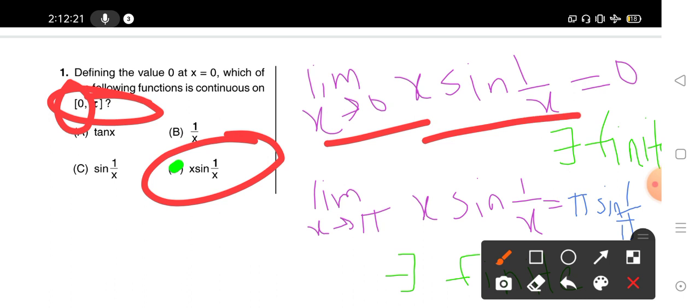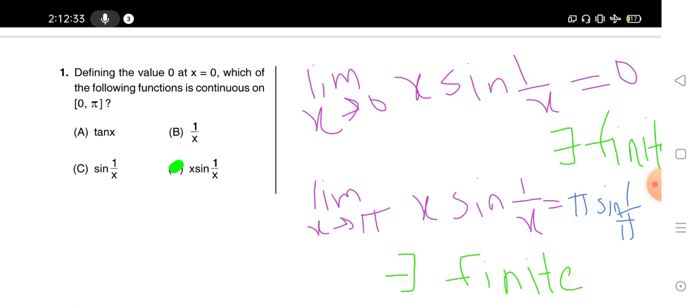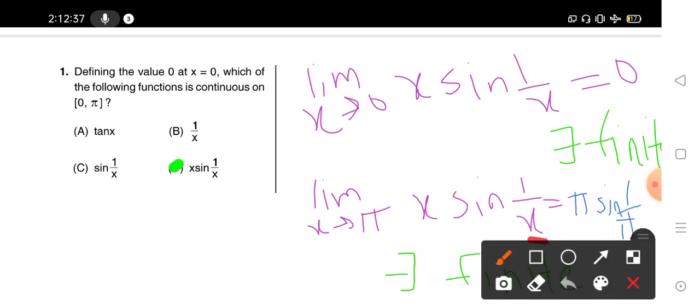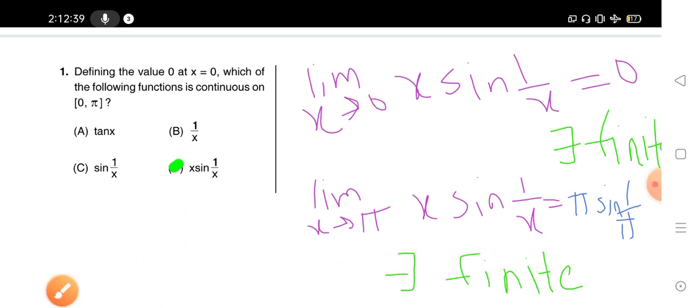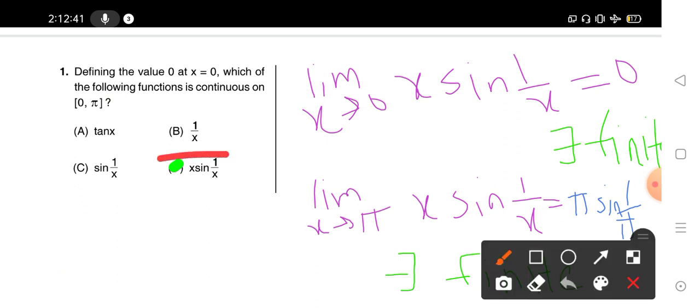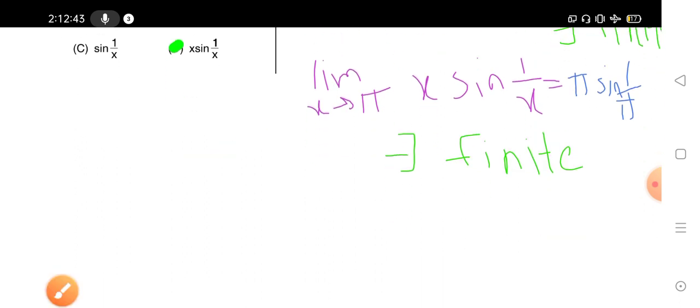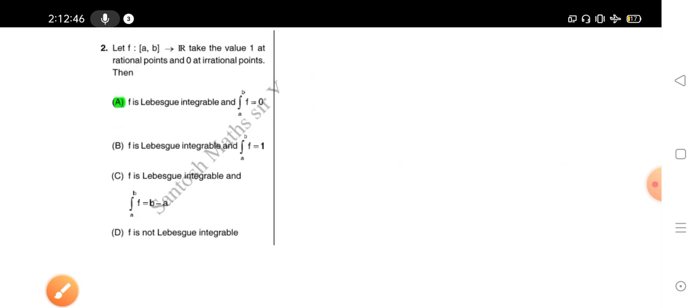There exists a finite limit. Now check at pi: the limit as x tends to pi of x sin 1 upon x equals pi sin 1 upon pi. This also exists and is finite. So this is a continuous function on the closed interval [0, pi]. Option D is correct.